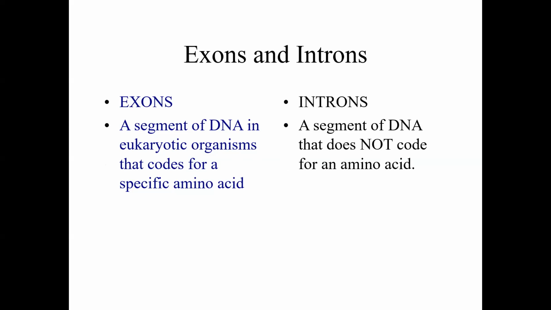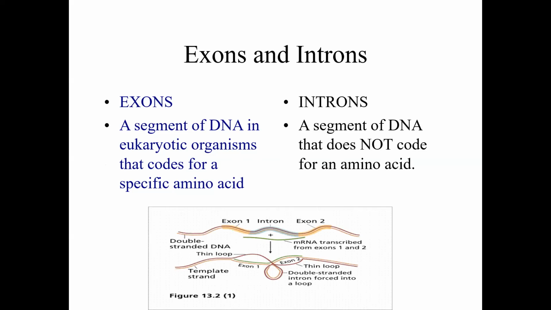So in the DNA there are different segments: exons code for amino acids, introns do not. So non-coding regions are also present in the DNA, and not all sequences are involved in coding. For example, between exon 1 and exon 2 there is an intron, and during mRNA synthesis the intron can be spliced.